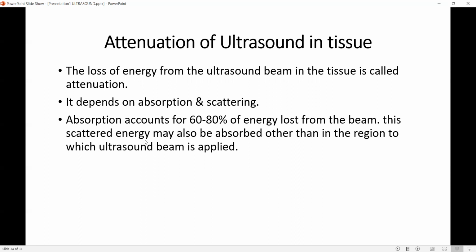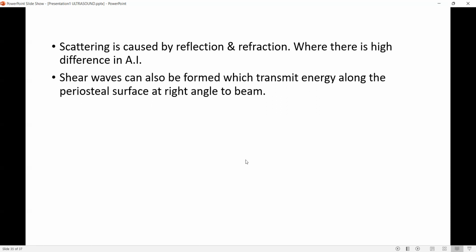The scattered energy may also be absorbed in regions other than the one to which the ultrasound beam is applied. Scattering is caused by reflection and refraction where there is a high difference in acoustic impedance. Shear waves can also be formed, which transmit energy along the periosteal surface at right angles to the beam.